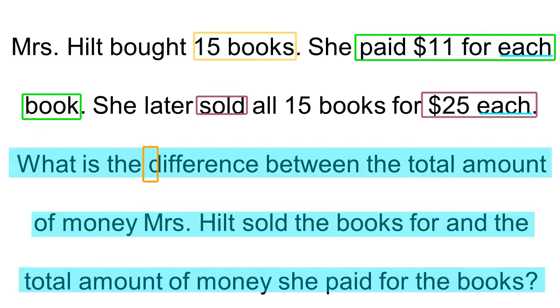What is the difference between them? And remember, we're not talking about difference like, oh, well, one of them she buys 11 and the other's 25 when she sells it. No, difference is an operation, okay? We're not just comparing those numbers. We're not talking about the difference in comparison. We're talking about a difference. What is our operation that talks about finding the difference between two things?